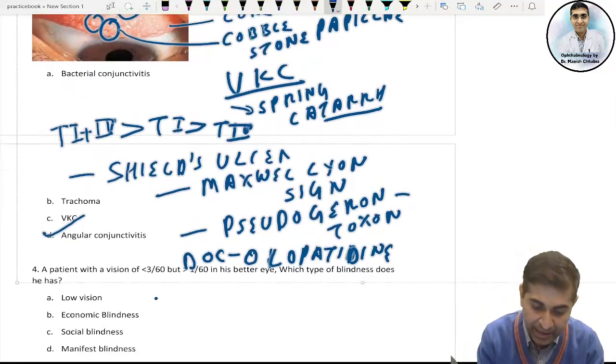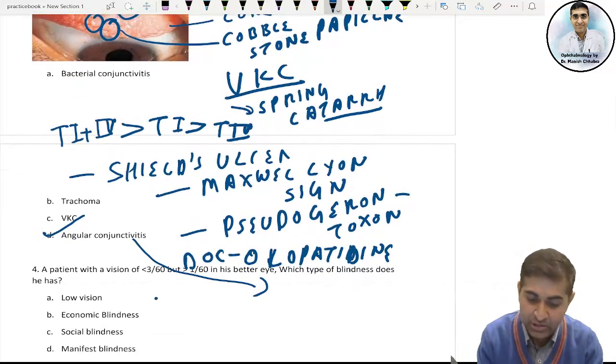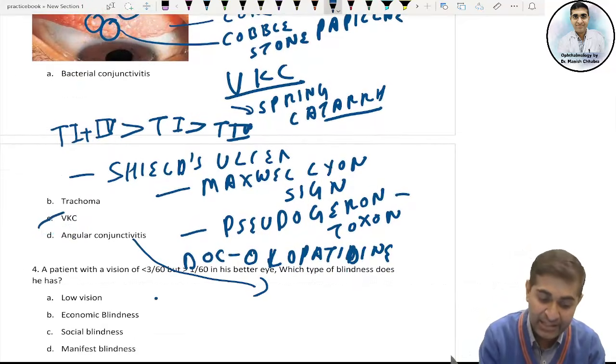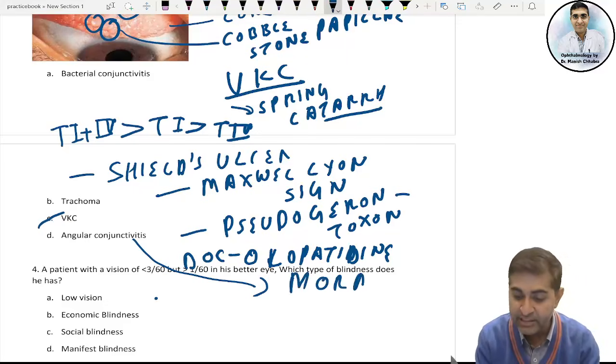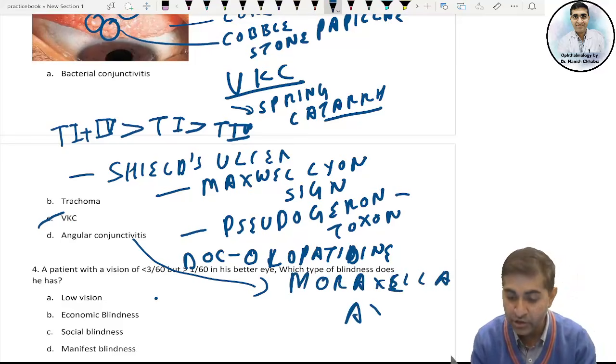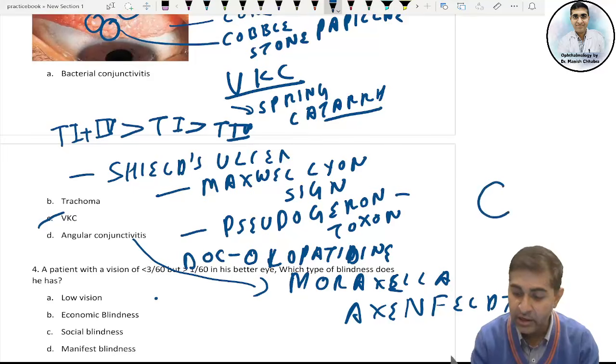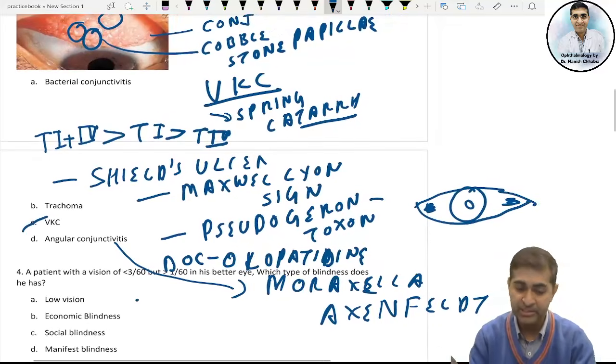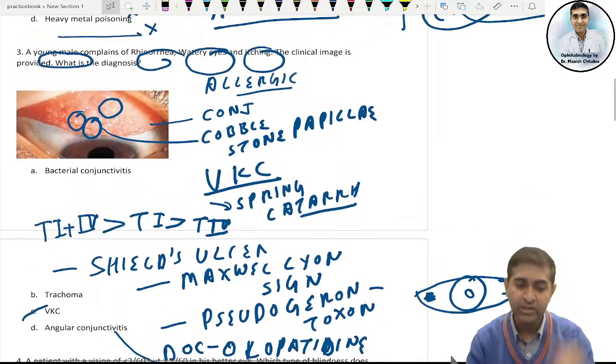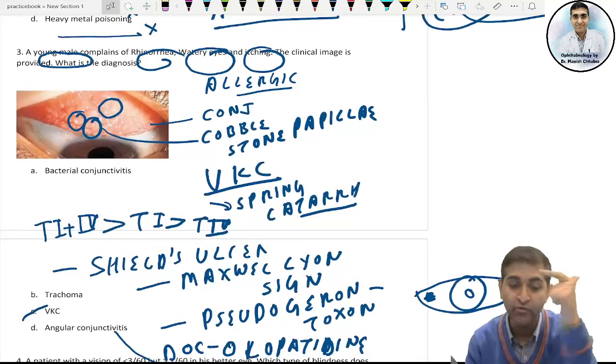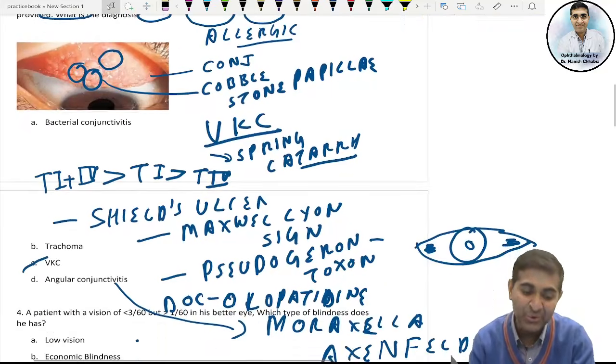Angular conjunctivitis is caused by Moraxella axenfeld. You must have read about this organism in your microbiology. It causes inflammation of the angles of the eye.